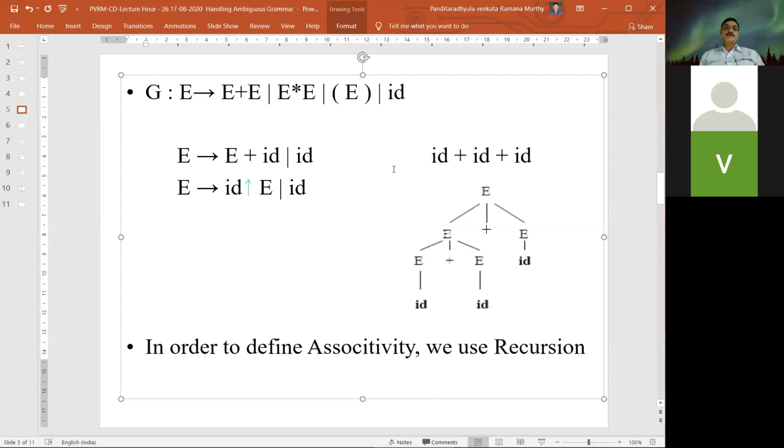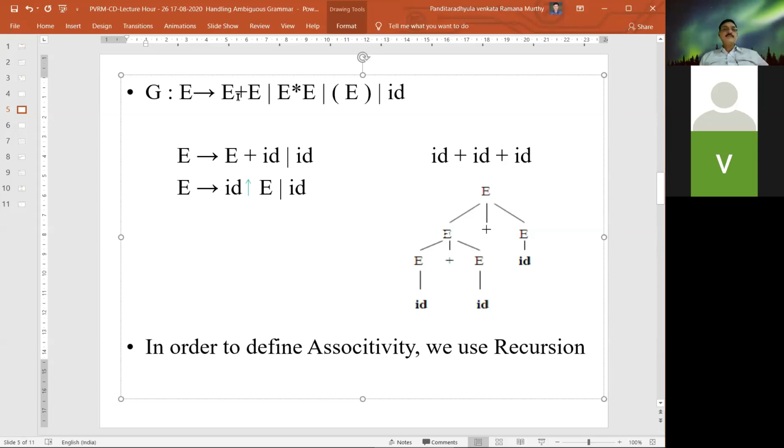That means it forces us to use the leftmost plus sign. It should never allow us to expand the right one. For example, if you have E plus E, with multiple E symbols, what is this E plus E representing?